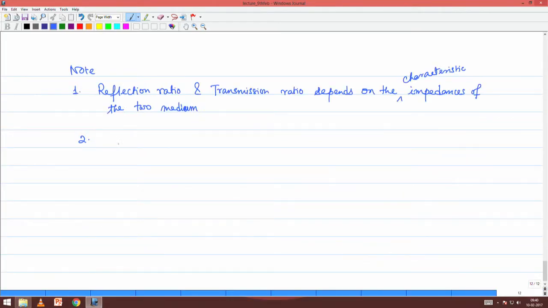I will explain that better. So, if rho 2 C 2 equals rho 1 C 1, then the reflection ratio is 0. How about the transmission ratio?